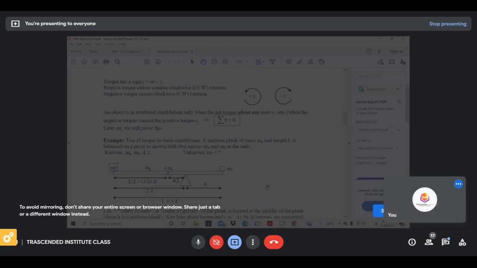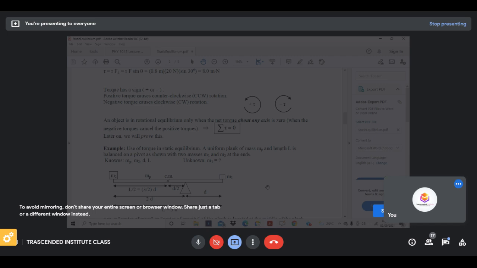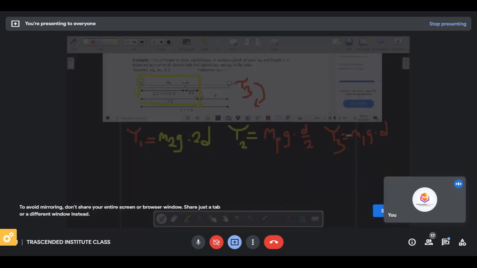Sir, how are you knowing that that thing is going clockwise or anti-clockwise? Good question. Okay, if I was to ask you, how does the weight act?